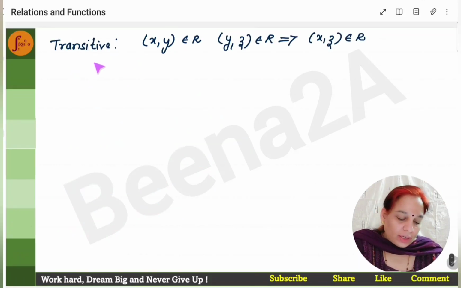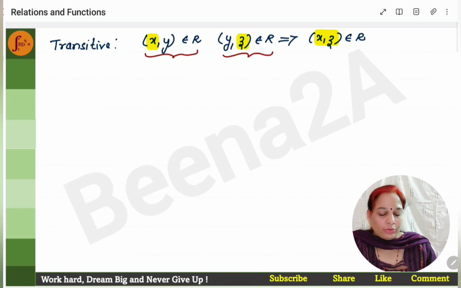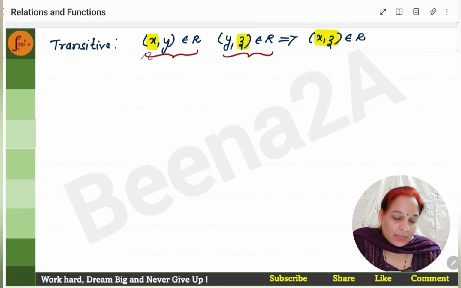Now we look at the transitive case. For the transitive case, if XY belongs to R and YZ belongs to R, then the first and fourth element, that is XZ, should belong to R. For this particular example, we'll say distance OP. Let's take another point, say R. We already have two points, P and Q. Both of these are equidistant from origin, right?